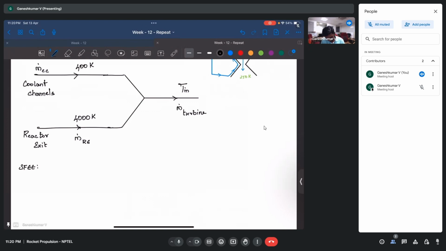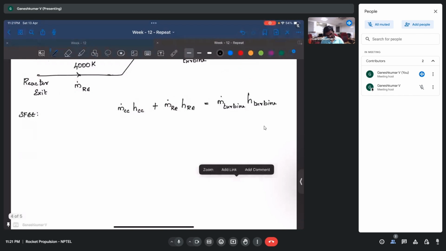Basically, m dot cc times h cc is the energy with which the gas stream is entering, plus m dot re times h re is the energy from the hot hydrogen gas entering, which should be equal to m dot turbine times h turbine.